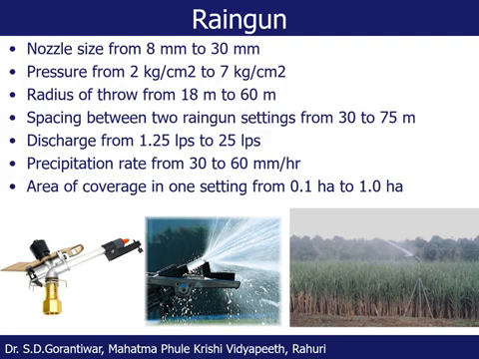Okay, and as you see, we can even irrigate crops like sugarcane with the help of a rain gun. But of course, as the pressure requirement is huge, the discharge requirement is huge, and as we are trying to irrigate a major portion of the land with only one rain gun, there are many difficulties associated with adoption of this rain gun. But nevertheless, if the farmer has this much pressure and this much discharge, then the farmer can adopt this irrigation method.